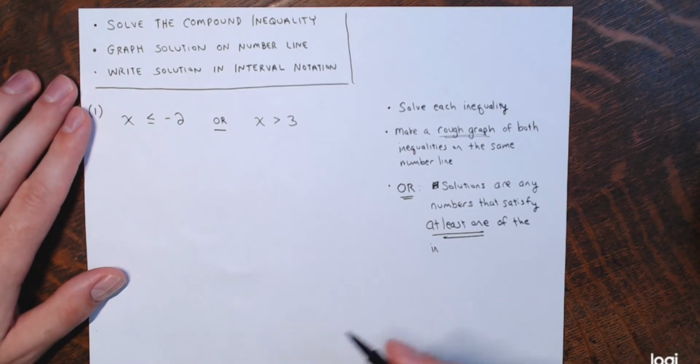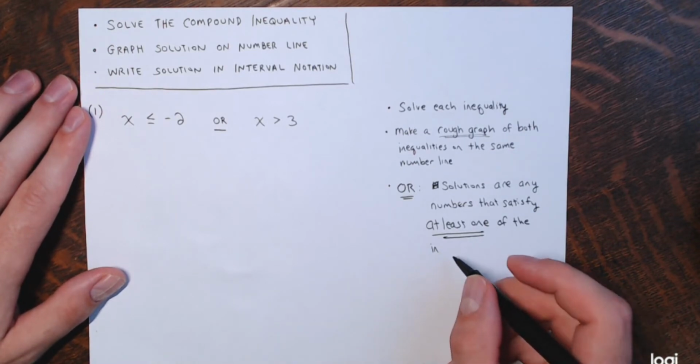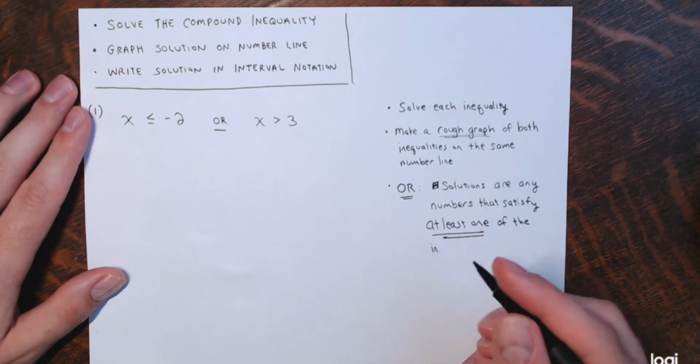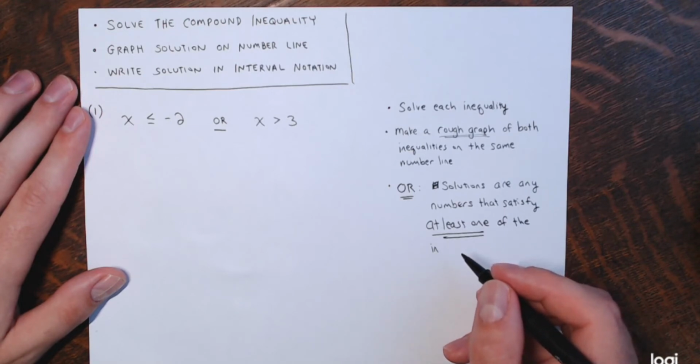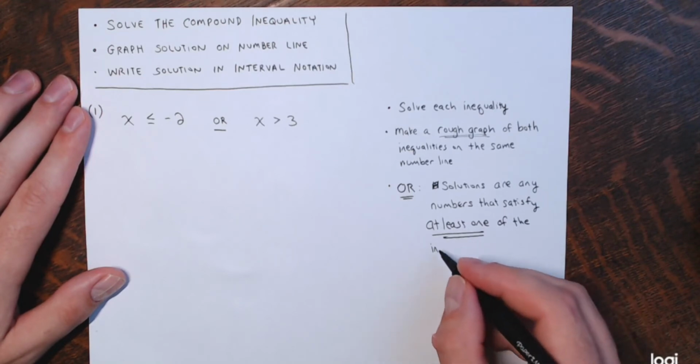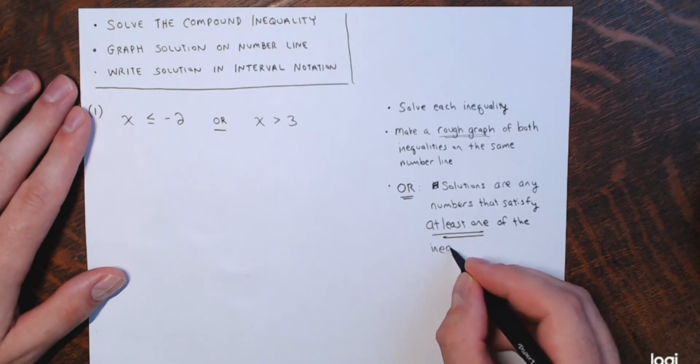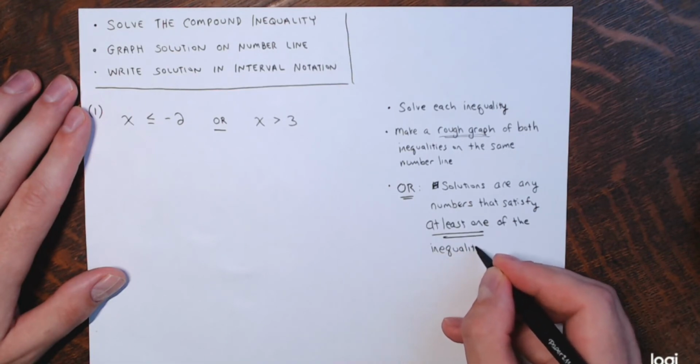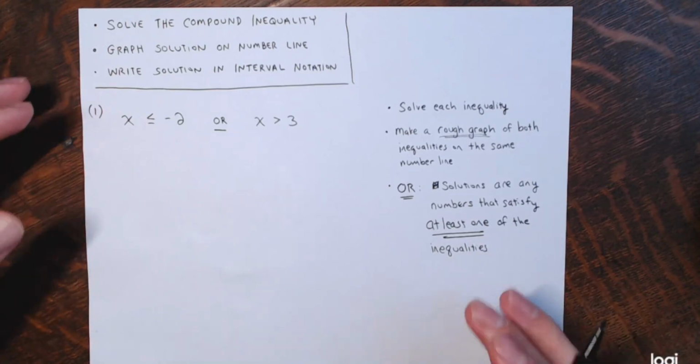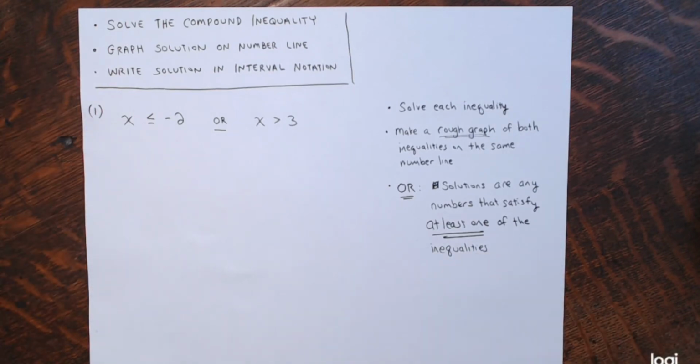This is very, very loose, very inviting to lots of numbers being solutions of the compound inequality. And the numbers that satisfy at least one of these belong on my final graph. And then I'll talk about writing interval notation as well.